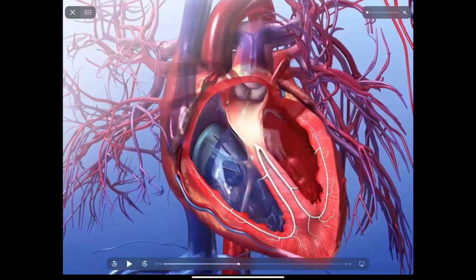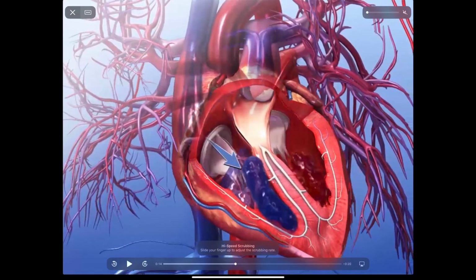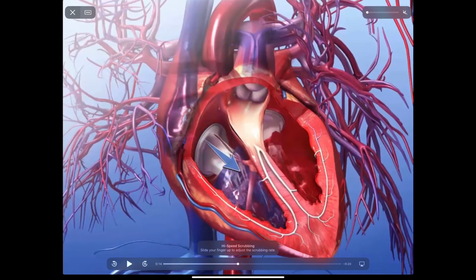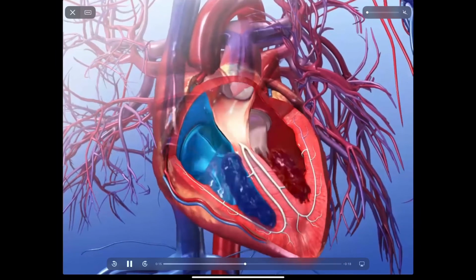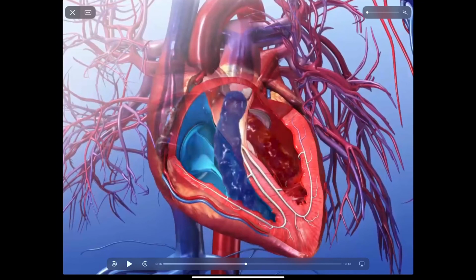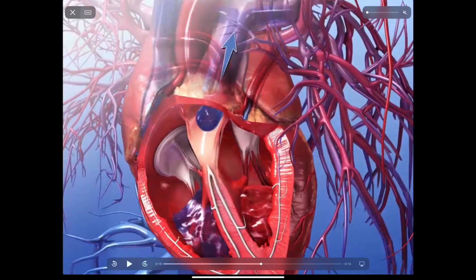So if you just see here again, blood is flowing from the right atrium through the valves into the ventricle, and this is now full. This contracts and the blood is sent to the pulmonary artery that takes the deoxygenated blood to the lungs. So you can see here that the deoxygenated blood is going to the lungs via the pulmonary artery.